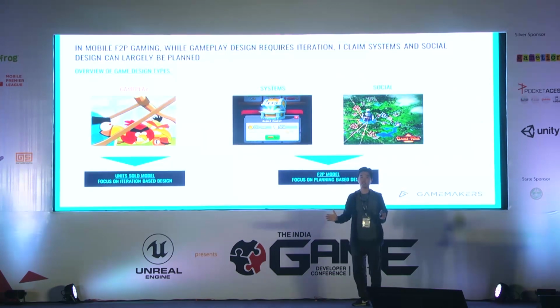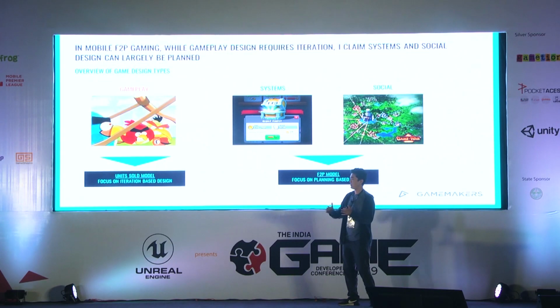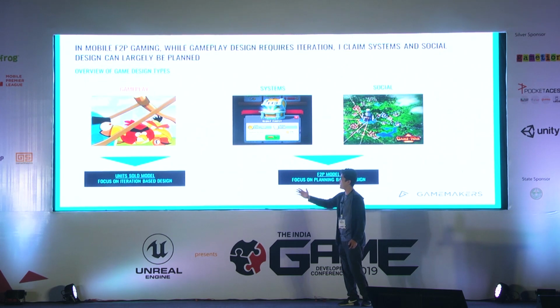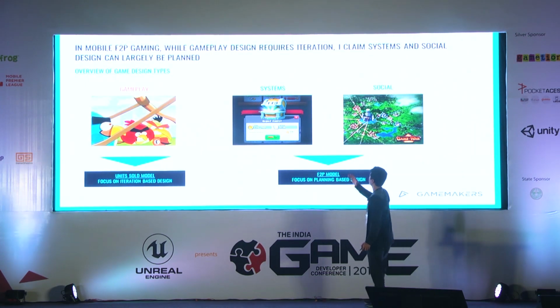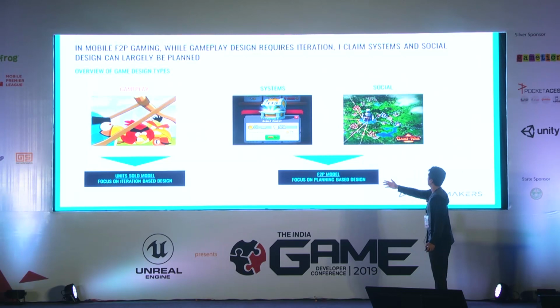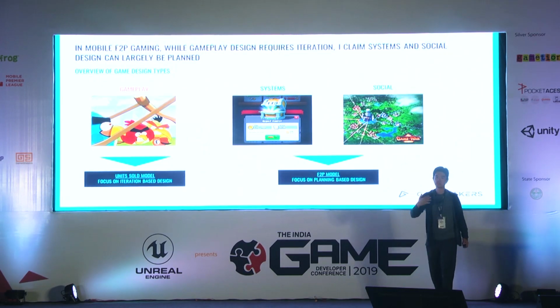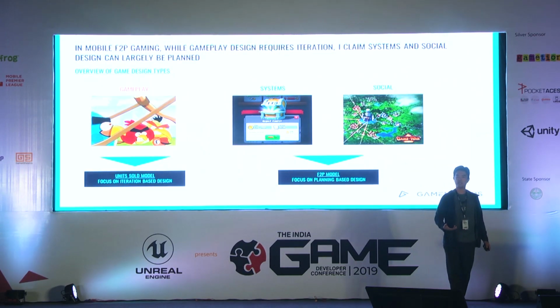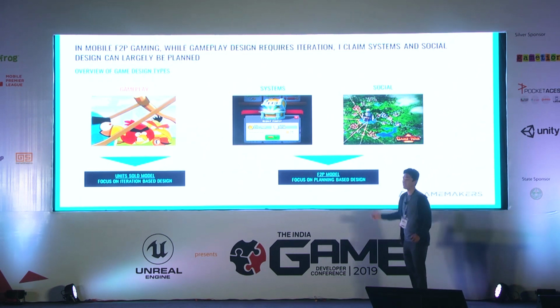It's not always, it's more of the general rule, but I would say that it aligns more strongly with iteration-based design. Whereas systems design, which is about the meta, and social design, which is around some of the emotional mechanics that you can integrate into a game, these two types of design are more aligned with planning-based design, right?